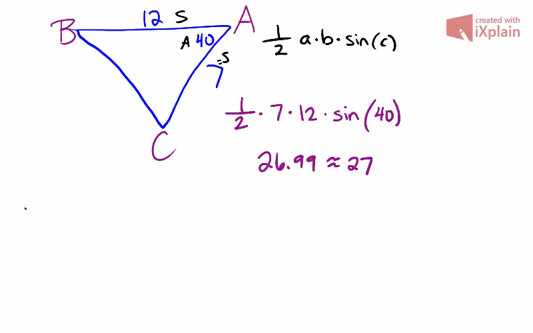The next triangle, we're actually going to have to apply the actual law of sines and then use one of the area formulas. Okay, so give me a second. Let me get that drawn for you.